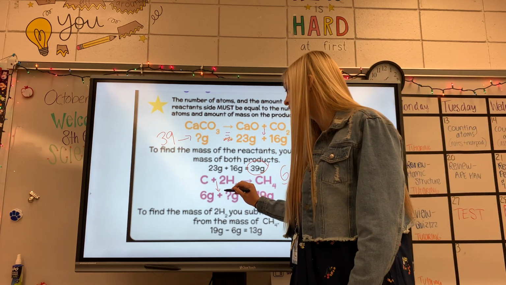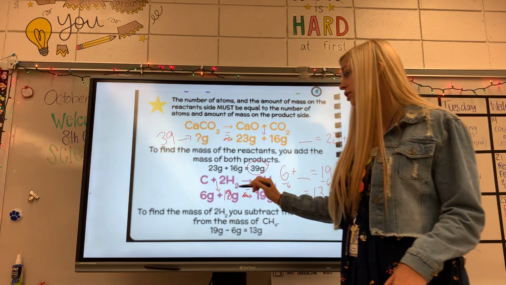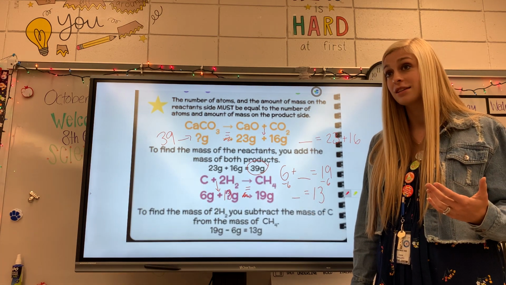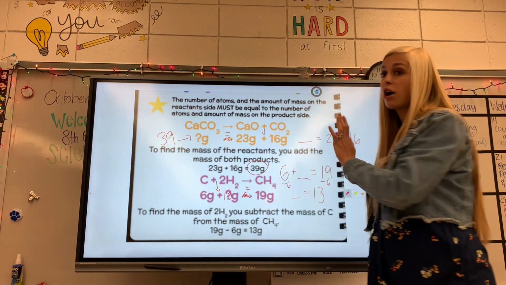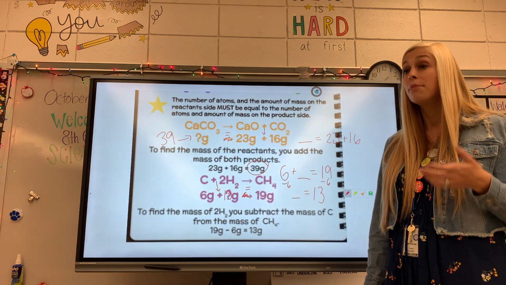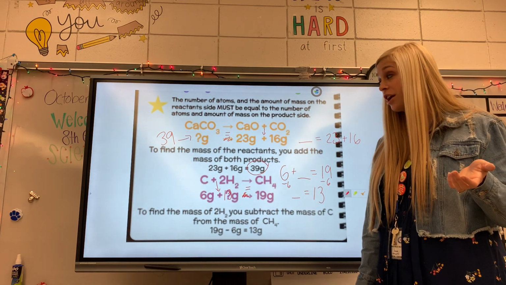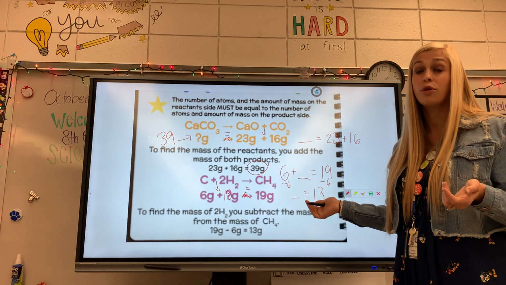If we put 13 in this blank, what's 6 plus 13? It's 19. So it's correct. You're just making sure that the reactants equal the products in every equation, because that's what the law of conservation of mass says. Matter can't be created or destroyed, so what you start with must equal what you end with.